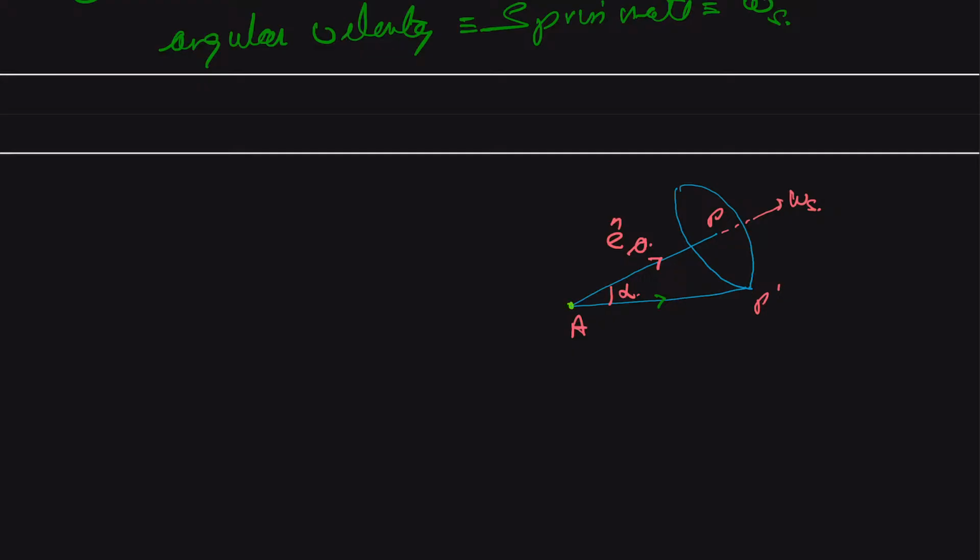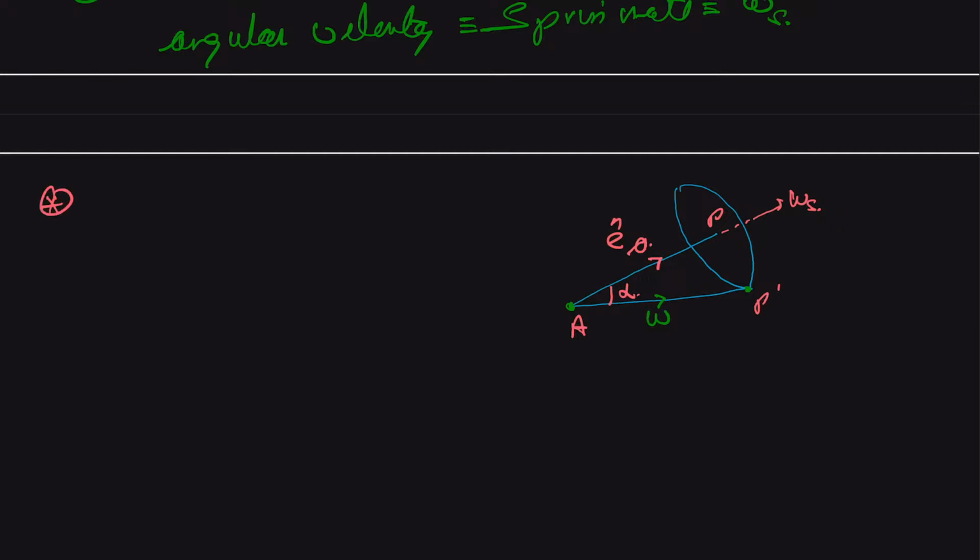So there are 2 points A and B. These points are both at rest. So our total angular velocity, that is omega, will be along the direction A P prime. We have to remember this part.